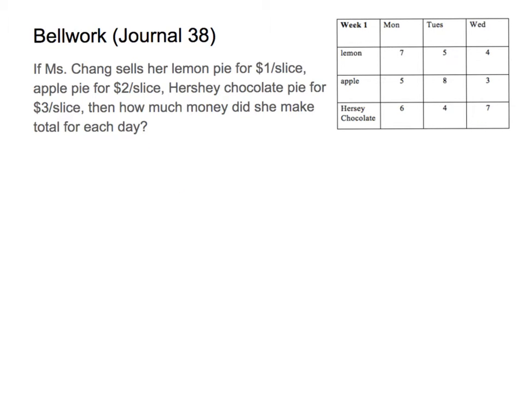All right, so now I'm going to show you how to set up this problem using matrices. We learned last time that a matrix is basically this box, this rectangular array that holds stuff, usually numbers, or quantities in this case. So I'm going to copy and paste that there.